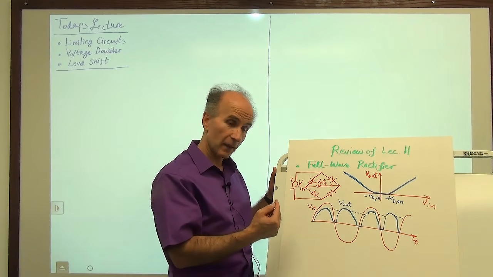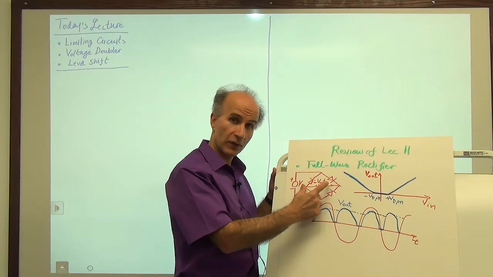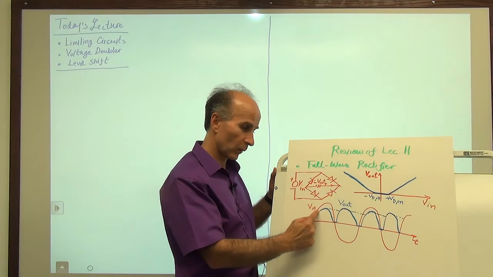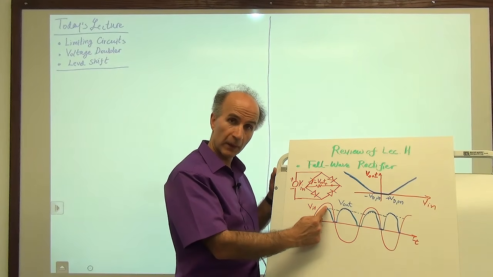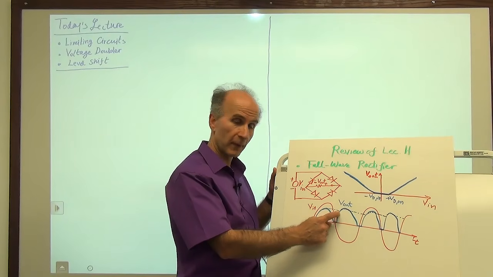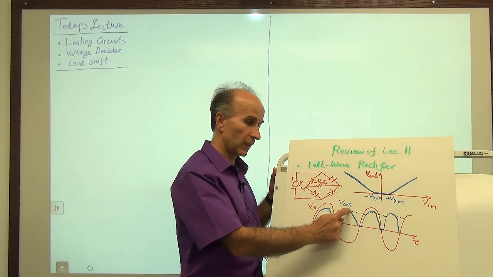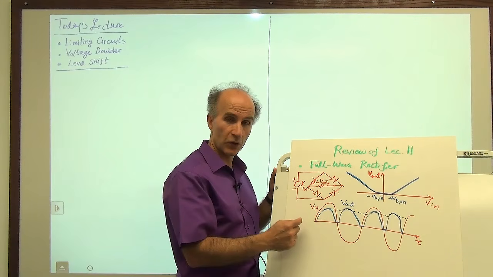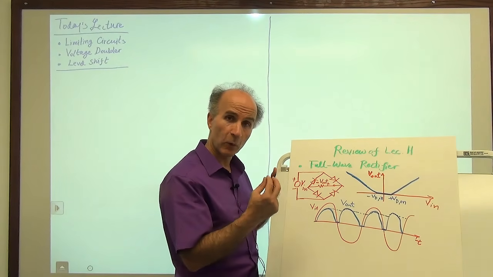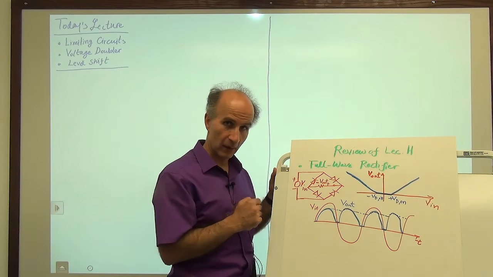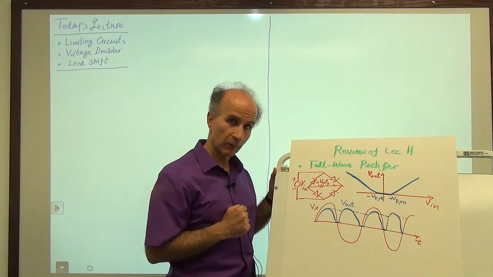And in that case, we see that the resistance discharges the capacitance periodically, and we end up with this behavior where the output goes up to the peak, but then it's discharged while the diodes are off, then it goes to the peak and discharged, and so on. So we have a ripple in this case, which is half of what we had in the half wave rectifier case. So that's one advantage of full wave rectification.